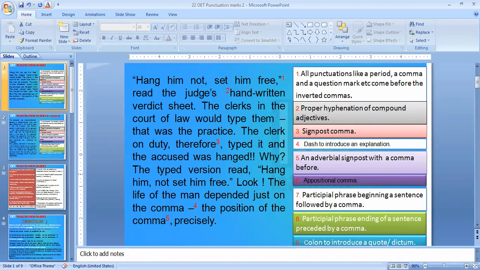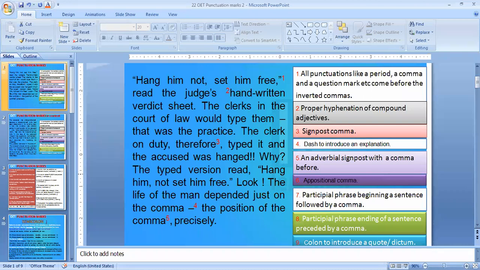Then number 4, you notice a dash there. Why is a dash introduced? A dash to introduce an explanation. Yeah, there is an explanation. That is the position of the comma. Just on the comma, precisely the position of the comma.